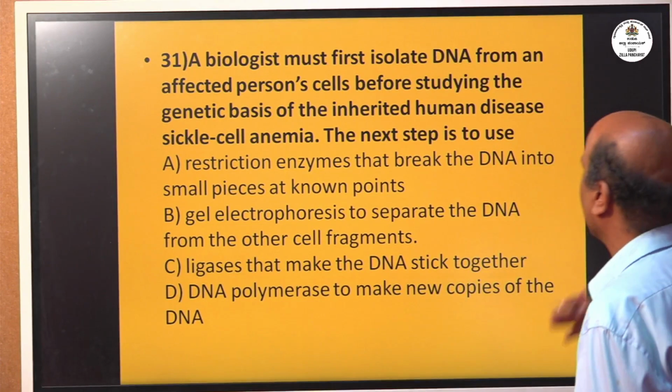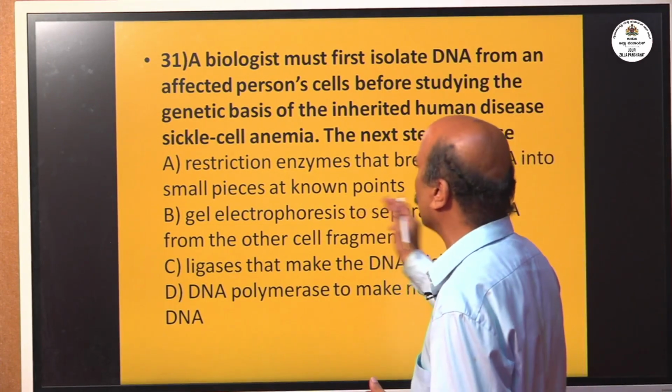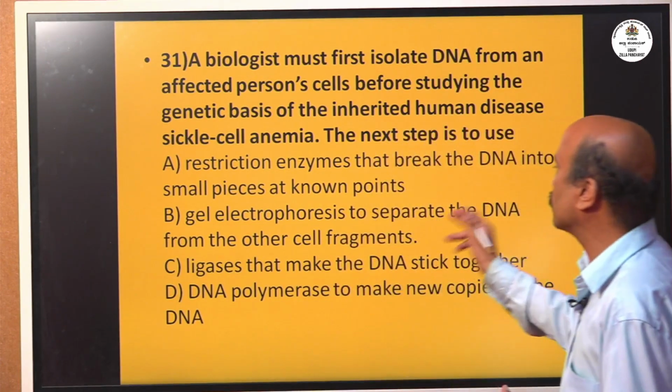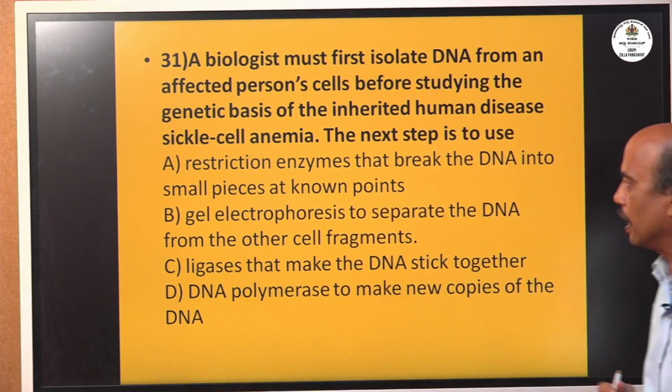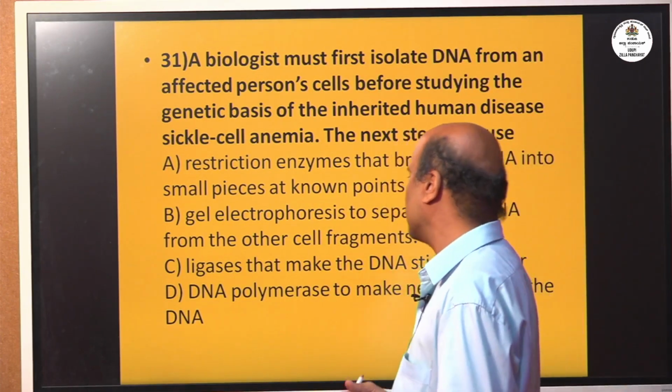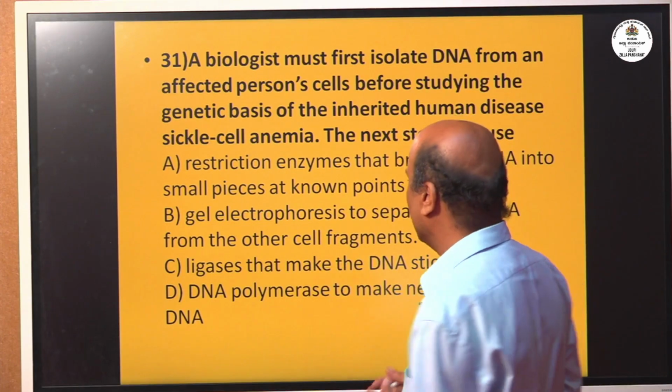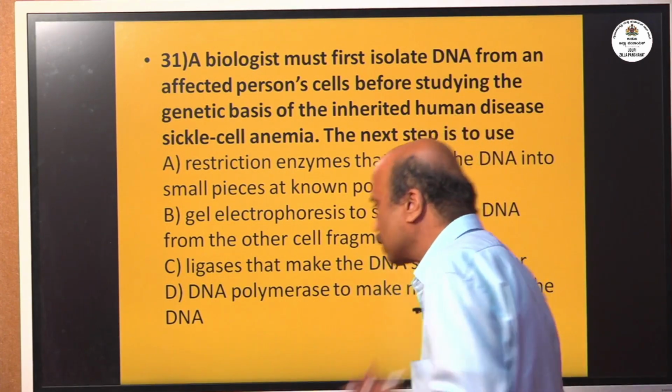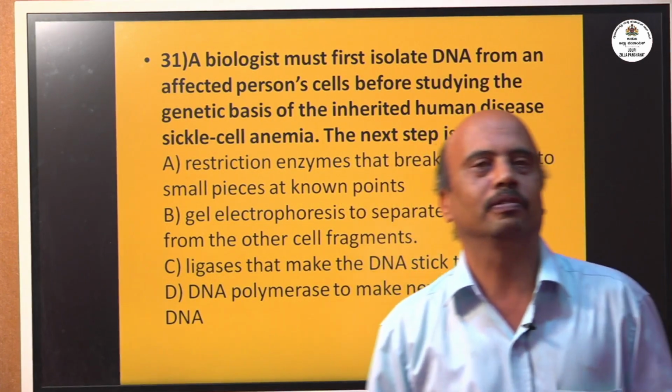Restriction enzymes that break the DNA into small pieces at known points; gel electrophoresis to separate the DNA from the other cell fragments; ligases that make the DNA stick together; DNA polymerase to make new copies of the DNA. So, these are the 4 options that we have.